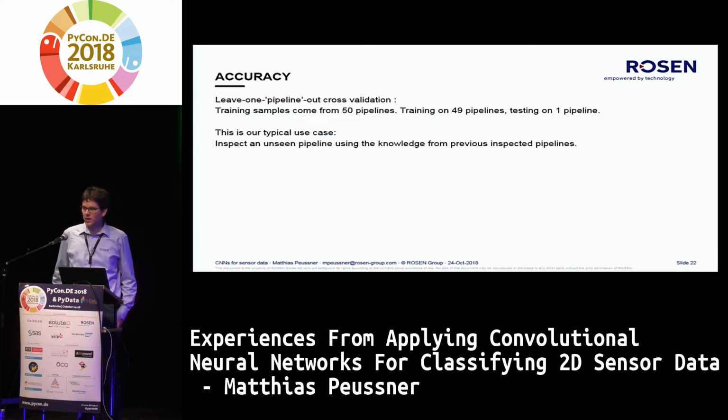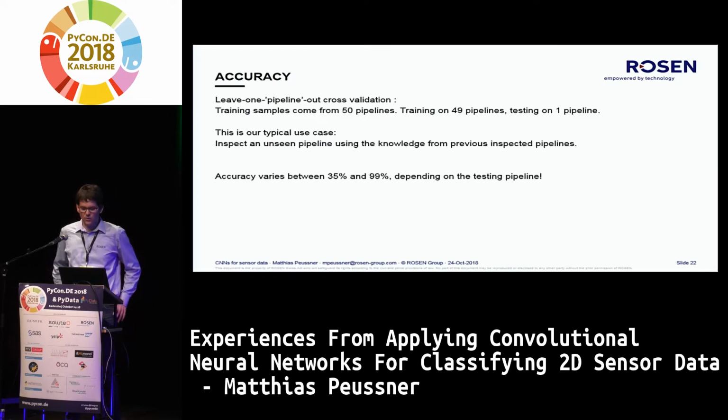We are inspecting a new pipeline we haven't seen before, and we want to use the experience from the previously inspected pipelines. And the result was that we get an accuracy from 35% to 99%. At that time I thought, oh, what have I done there. 99% is quite good, but 35% is worse than just guessing.